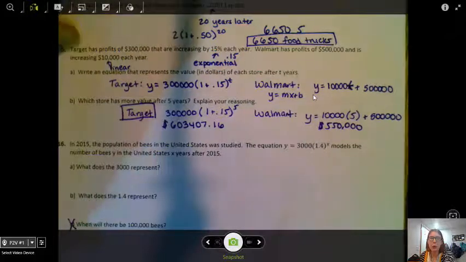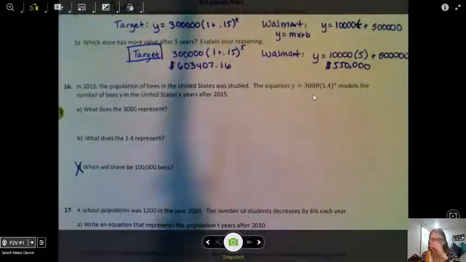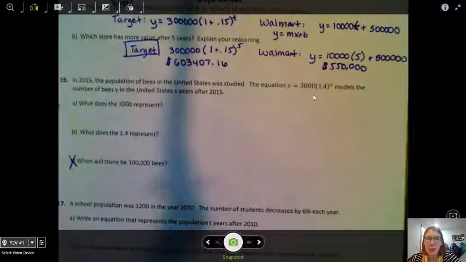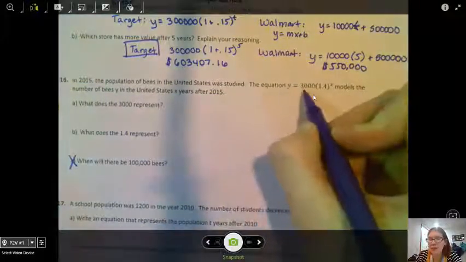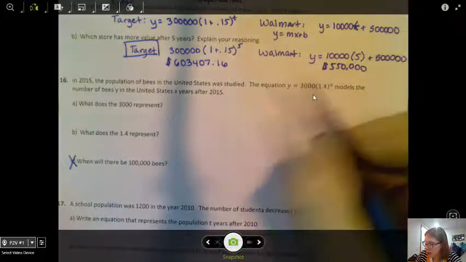Okay, last 2 word problems, and these ones go a little bit faster. Number 16, in 2015, the population of bees in the United States was studied. The equation y equals 3,000 times 1.4 to the x power models the number of bees y in the United States x years after 2015. What does the 3,000 represent? 3,000 is our start value.